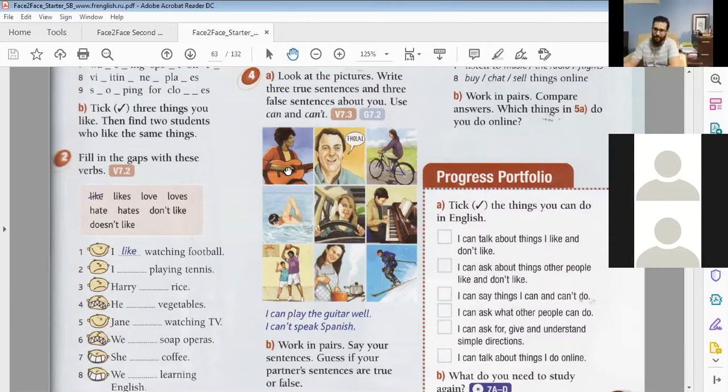Okay. I can drive car very well. Can or can't? Can. I can. Okay. I can drive the car. The car or a car? I can drive a car. A car. Okay. I can drive a car very well.